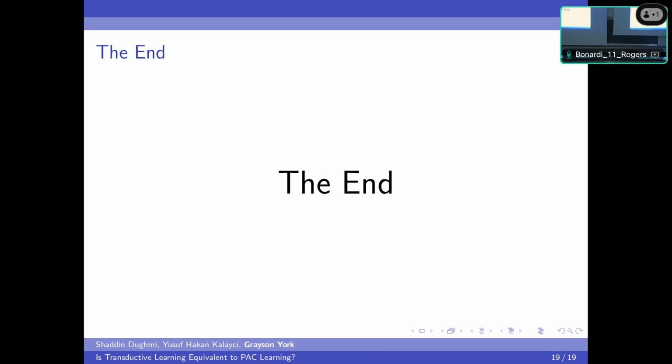I don't know off the top of my head, but I guess for finite labels you could sort of show equivalence, you could sort of turn it into binary classification. So the separation only occurs at infinite labels, right? I believe so. I would need to make sure, but that sounds good. You lose the log K. Yeah, makes sense.